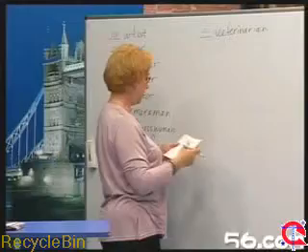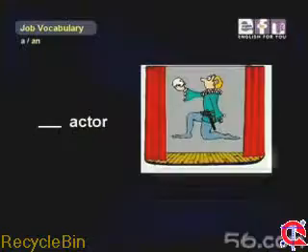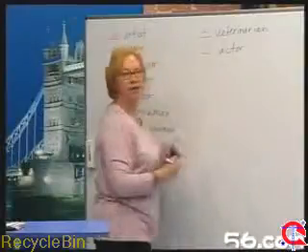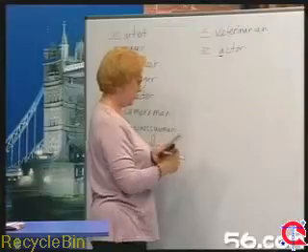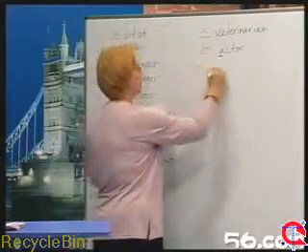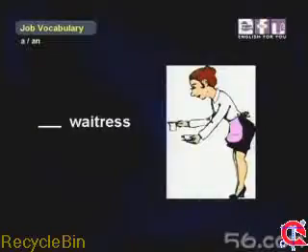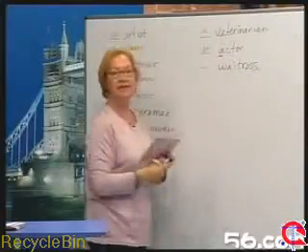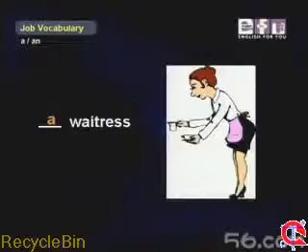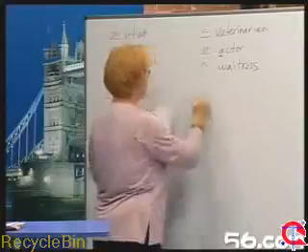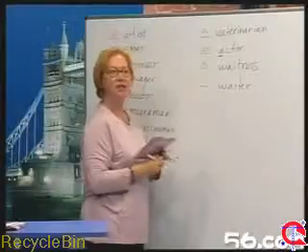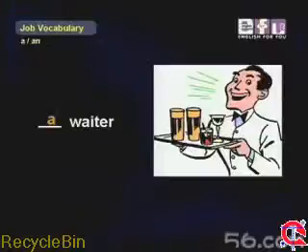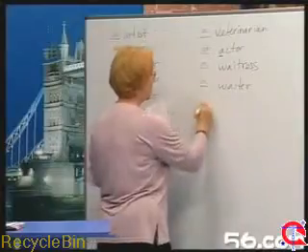Okay, Ali, you get a short one. Actor. An actor. Okay, because of that A. Good. Isabel, waitress. A waitress, yes. Okay, and we have waiter. Lisa, waiter. A waiter. Okay, Ali, a long one for you.